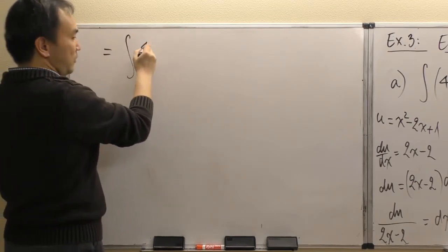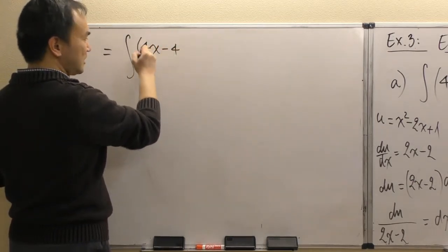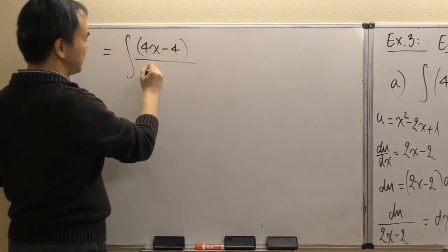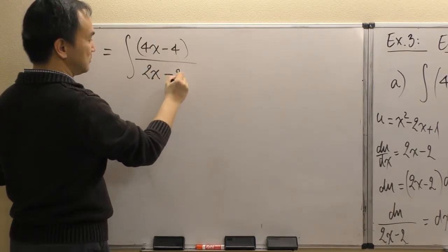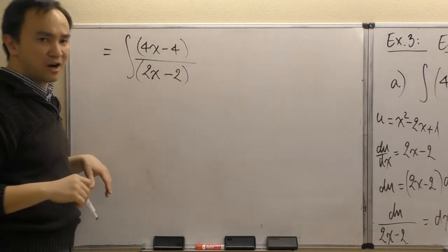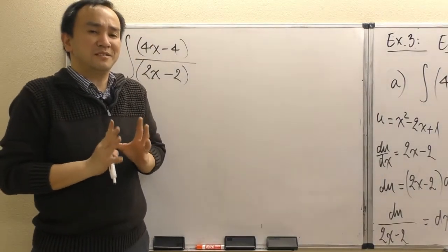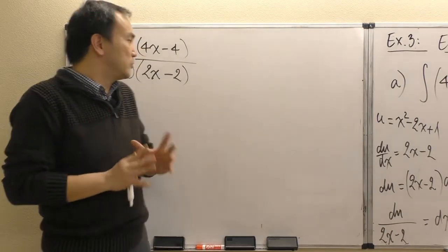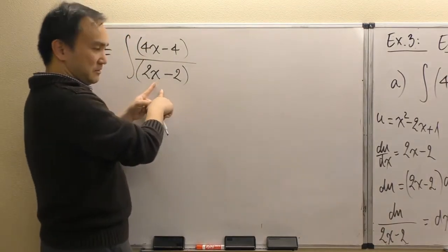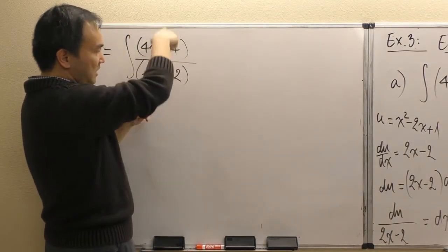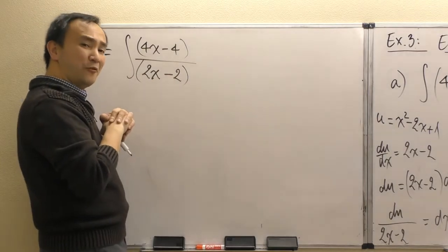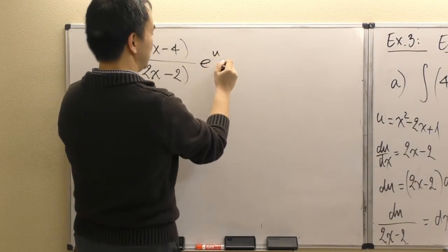I'm going to write that 4x minus 4, and you've got so many ways of writing it. Being on the board up here to show my students how to approach the problem, I choose a slightly different route each time to catch my students' attention. So all that 2x minus 2, I'm going to put right underneath that 4x minus 4 in one fraction. And then there's e to the u, and then there's that du.